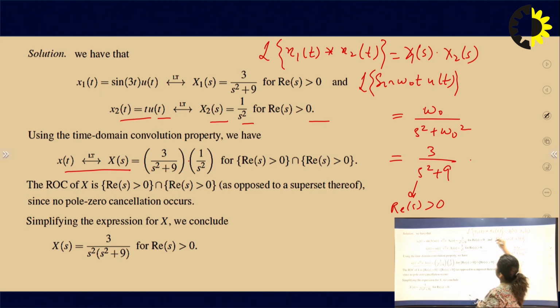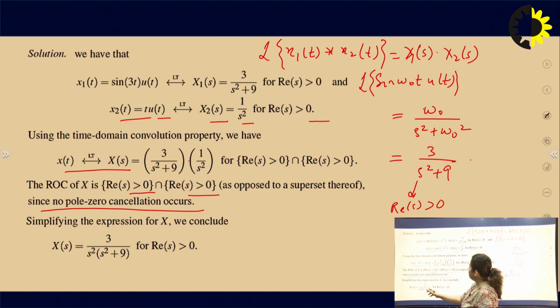So we use X1(s) from the first expression and X2(s) from the second expression, multiply both, and we will get our X(s). The ROC of X is real of s greater than 0 intersection real of s greater than 0, which is real of s greater than 0. Since no pole zero cancellation occurs, you can simplify the expression, that is 3 upon s square plus 9 multiplied by s square.